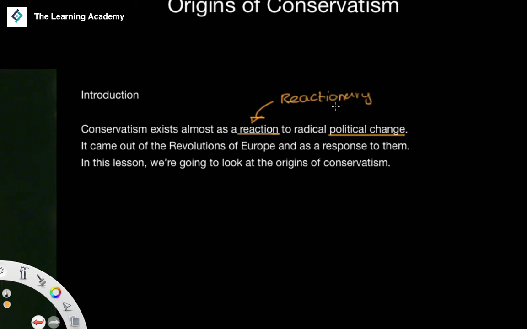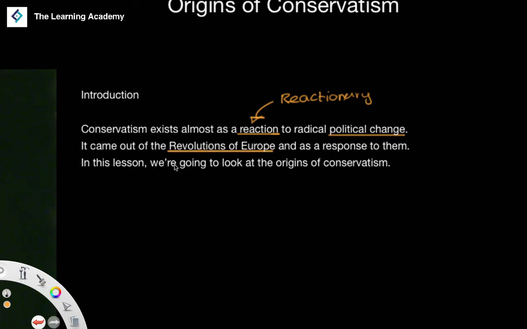The idea of conservatism is where we have political change and political revolution, the idea of radical political change. Conservatism is the idea that one wants to conserve the ideas that came before this radical change, and it really came out of the revolutions of Europe, and really as a response to the revolutions of Europe.